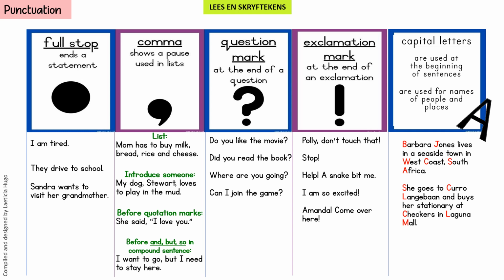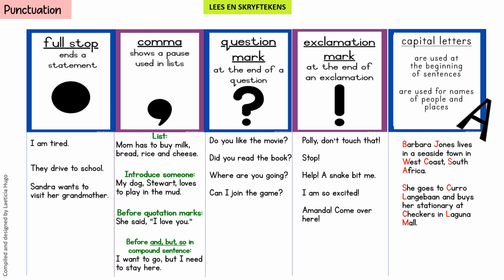Then, to introduce someone, my dog, Stuart, loves to play in the mud. You will see Stuart is between two commas. That is just basically saying my dog, just give a little pause, Stuart loves to play in the mud.